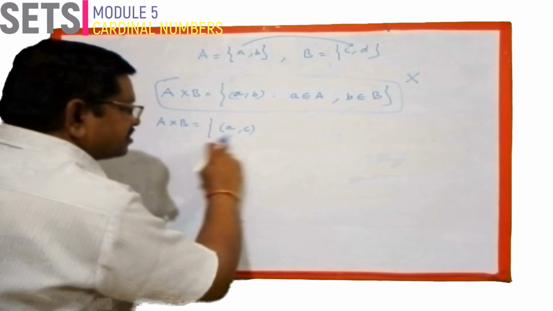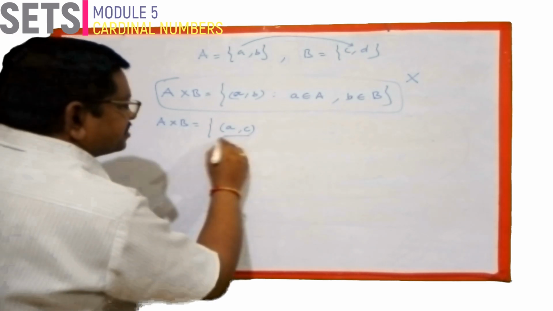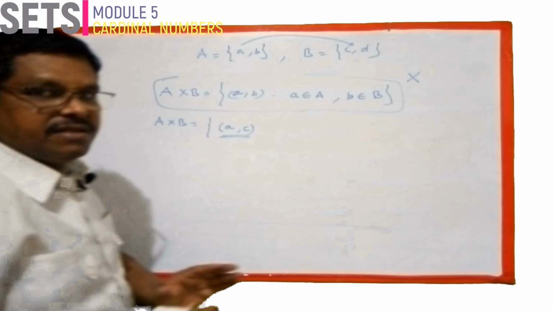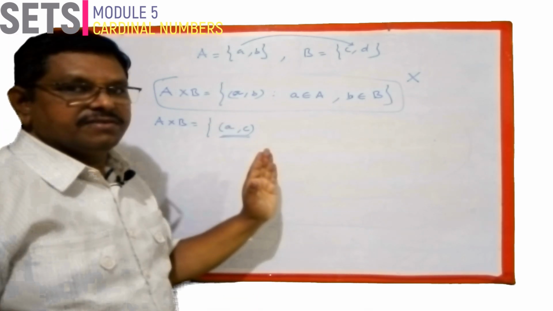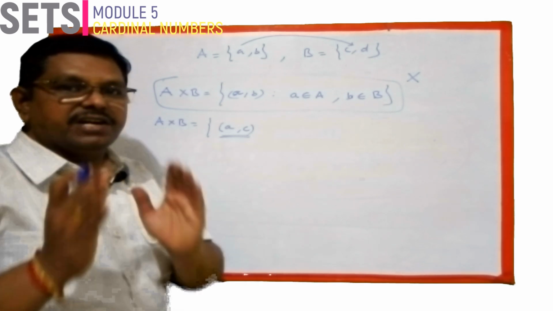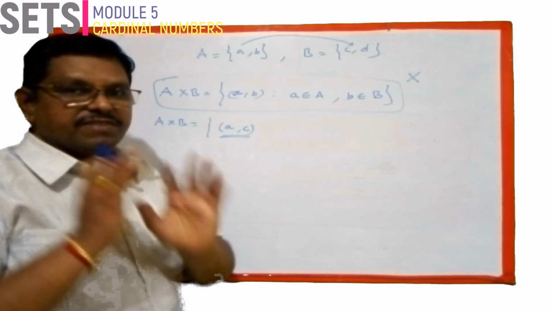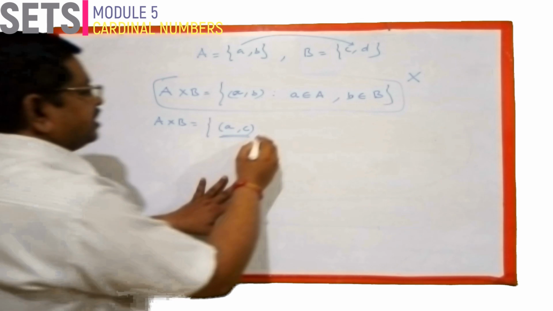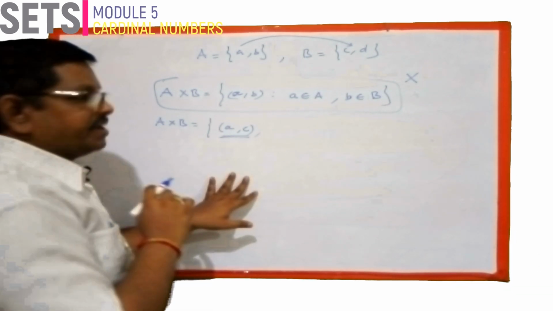That means in this ordered pair A comma C, A is the first element whereas C is the second element. So we should tell them first element, second element. In every ordered pair there will be two elements, first element, second element. So here A comma C is one ordered pair.